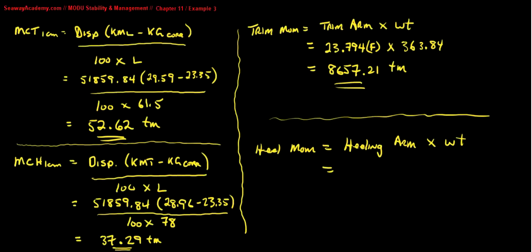And since the TCB is 0, the heeling arm is equal to the TCG from the table. So therefore your heeling arm is 34.069 meters to port times the weight, 363.84 tons. This will give us a heeling moment of 12,395.66 ton meters.